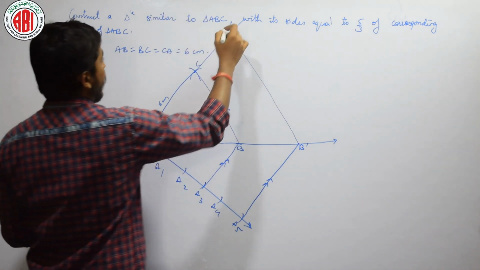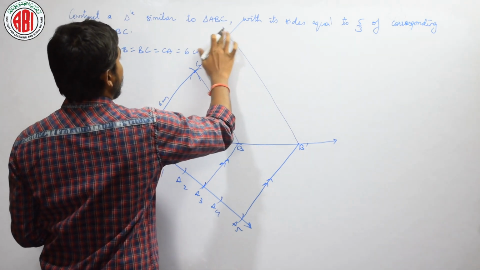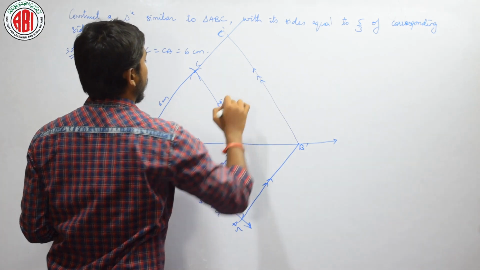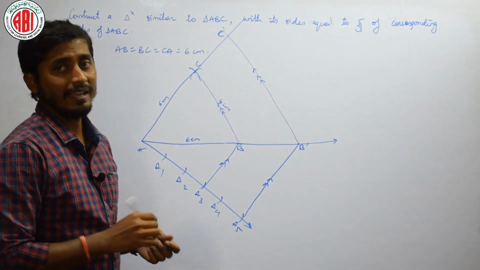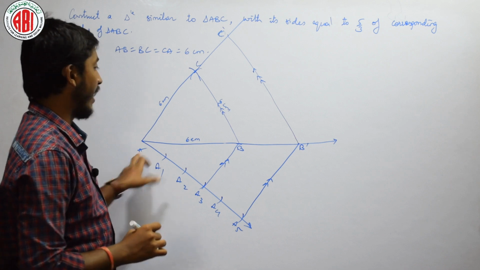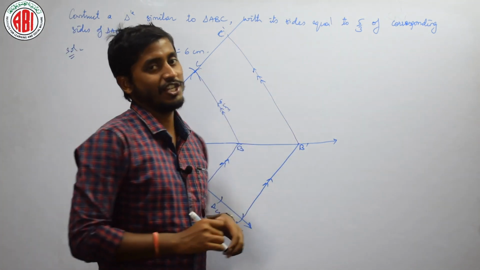This will be my C dash. Okay. Let us put 3 arrows. Is it clear? Did you understand how did we get? Therefore, my new triangle is A, B dash, C dash.